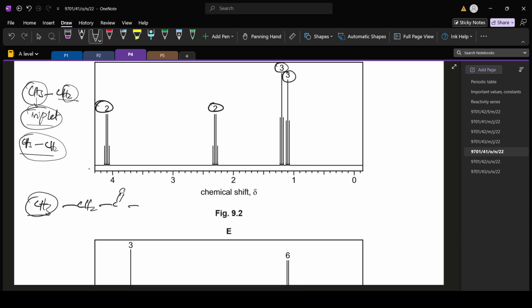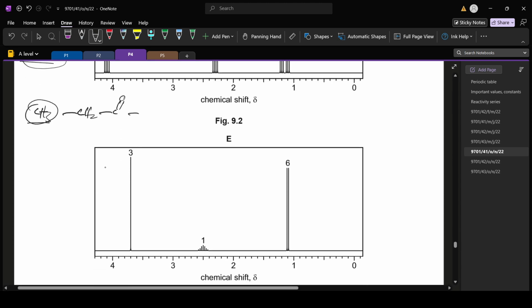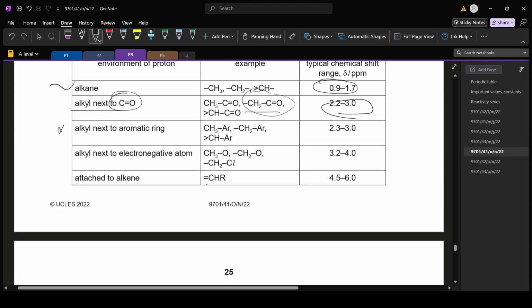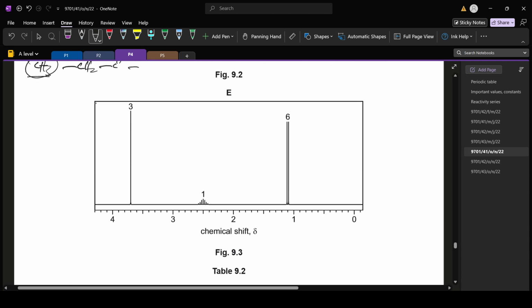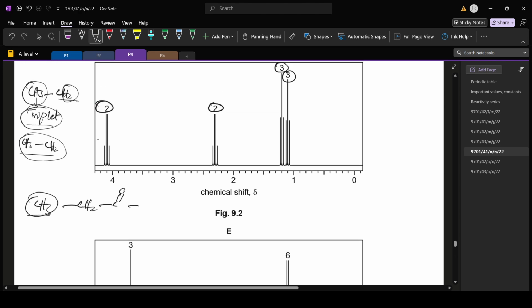And at last you have this hydrogen environment, which also shows a quartet, and there are two hydrogens responsible for this peak, so the final structure is going to be like this.